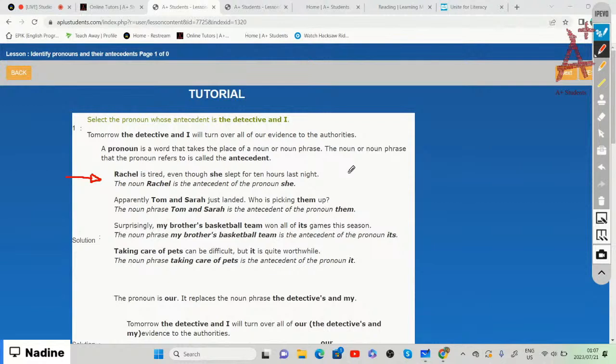Remember, the pronoun is a word that takes the place of the noun or the noun phrase, and that noun or noun phrase that the pronoun refers to is called the antecedent. So the noun Rachel is the antecedent of the pronoun she.